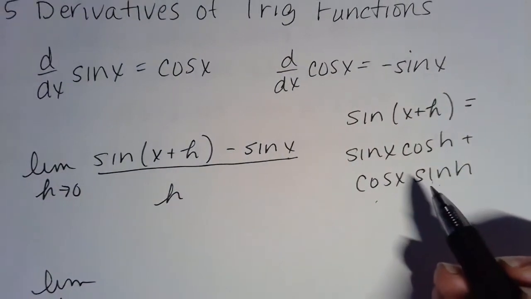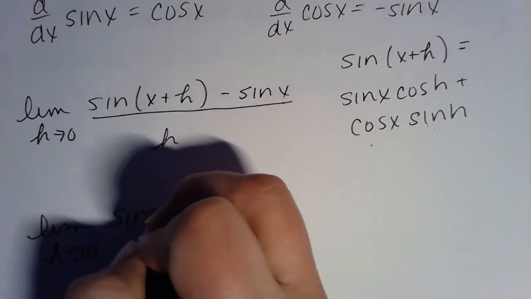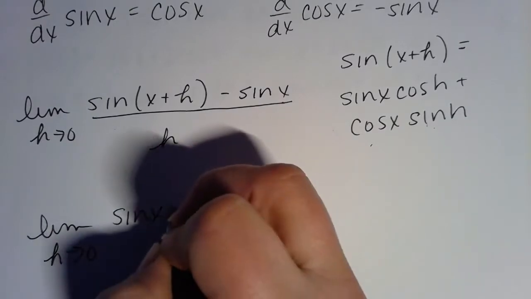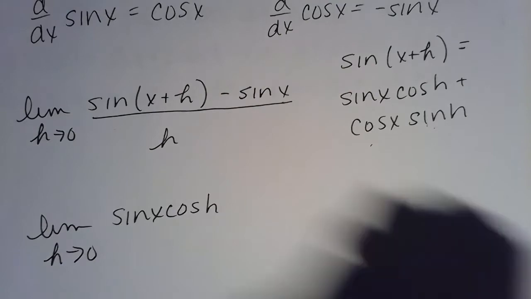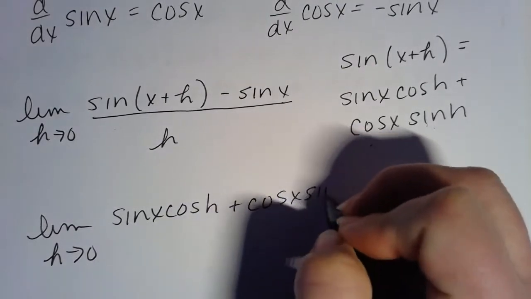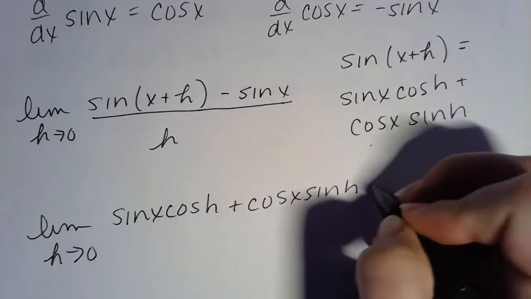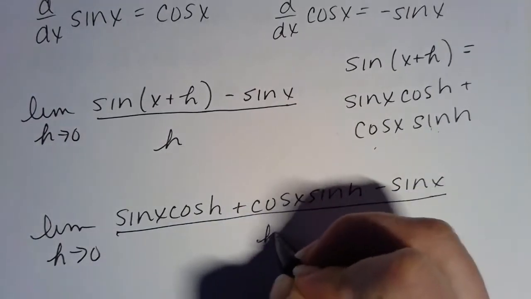So we're going to have the limit as h approaches 0 of the sine of x cosine of h, and then plus the opposite, cosine of x sine of h, and then I still have the minus sine of x here, over h.